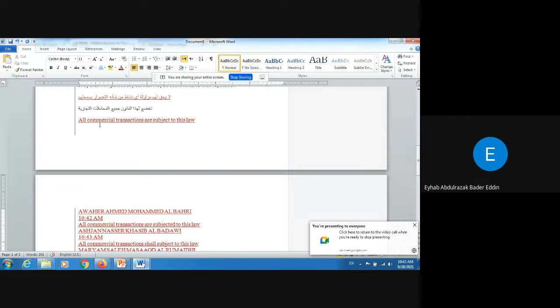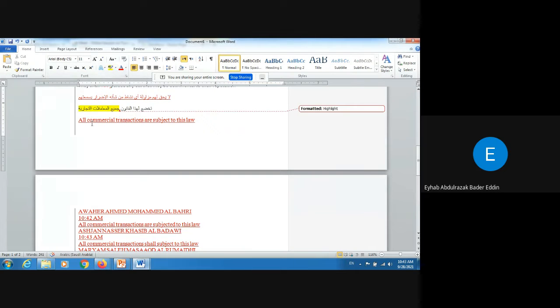The first one was given by Salma, I think. So: all commercial transactions are subject to this law. Why did we start with "all commercial transactions"? Because this is the subject of the verb, the doer, that's why we have to start with it in English.